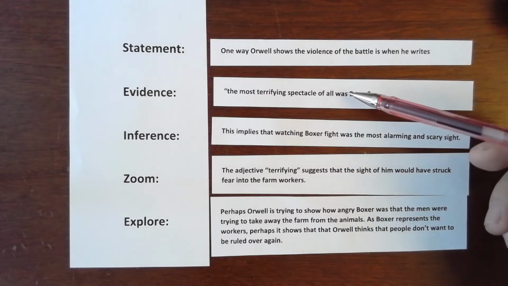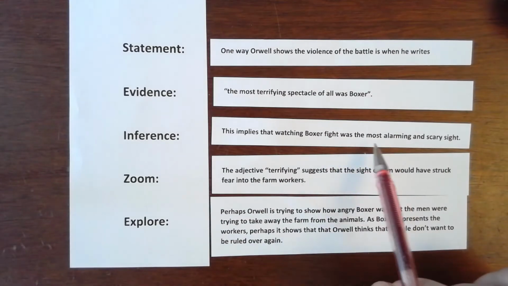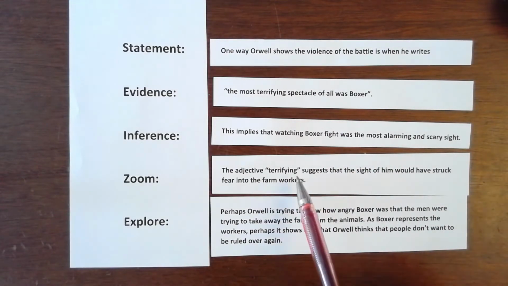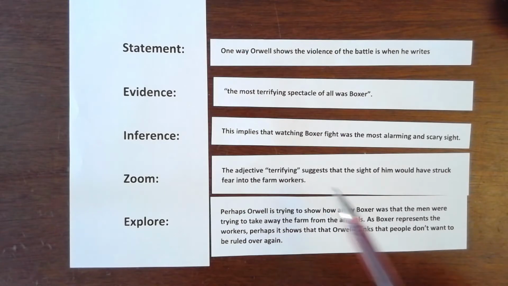What does this quotation imply? Well, it implies that watching Boxer fight was the most alarming and scary sight. Now I need to zoom in on a word from my quotation. And I'm going to zoom in on the adjective terrifying, because the adjective terrifying suggests that the sight of him would have struck fear into the farm workers. They would have been scared of him.